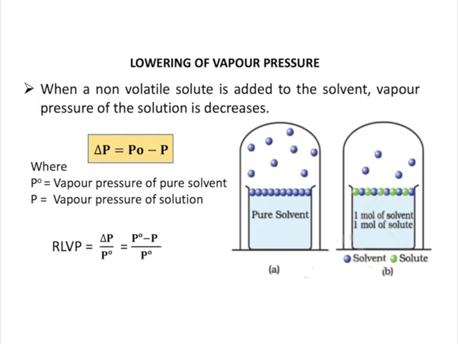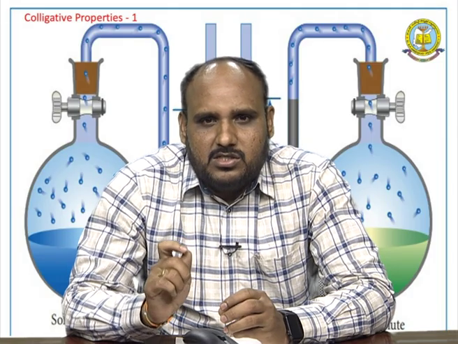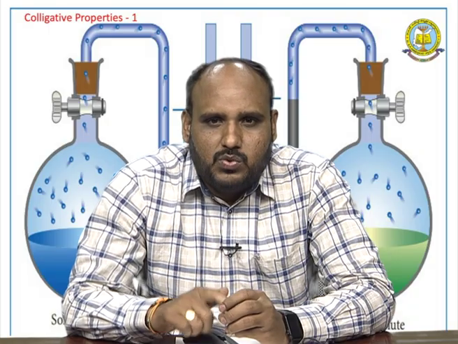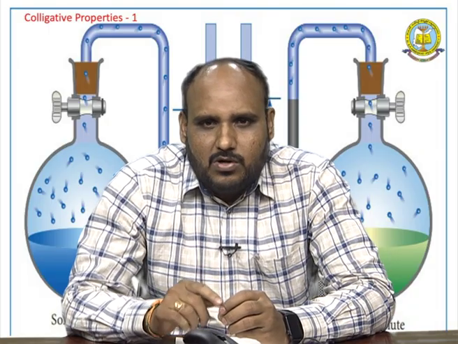One of the colligative properties is the lowering of vapor pressure. The name itself indicates that vapor pressure is decreasing. Consider a pure solvent and the addition of a solute, a non-volatile solute, to the pure solvent, which forms a solution.